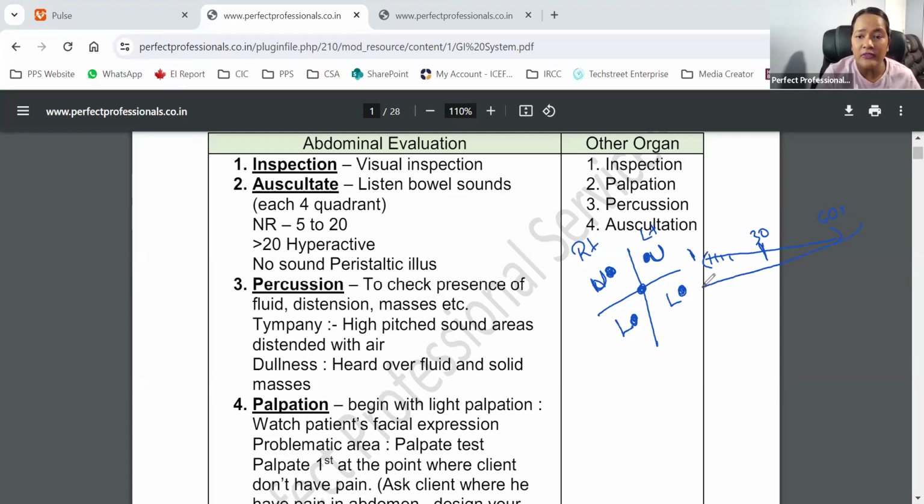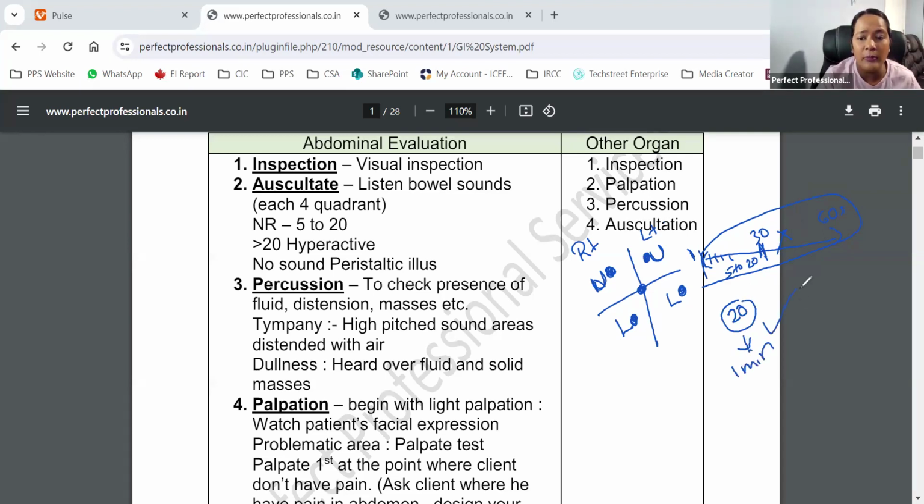Why do we have to listen for the full time? Because sometimes from 1 to 30 seconds you may get 5 to 20 sounds, which is completely normal. Otherwise, from 30 to 60 seconds, maybe you will not hear anything. That means you have 20 bowel sounds in 1 minute.